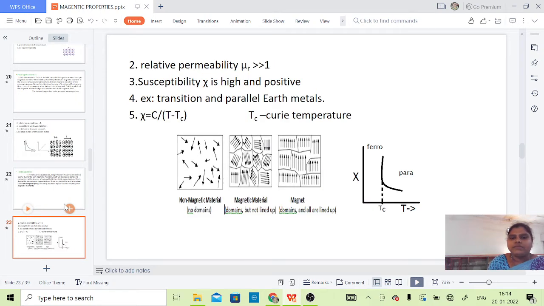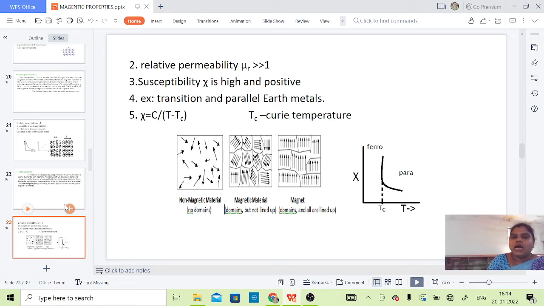See here, in a non-magnetic material there are no domains. In a magnetic material there are domains, but they are not lined up. But in a complete magnet, the domains are all lined up. The relative permeability mu r is very much greater than 1.